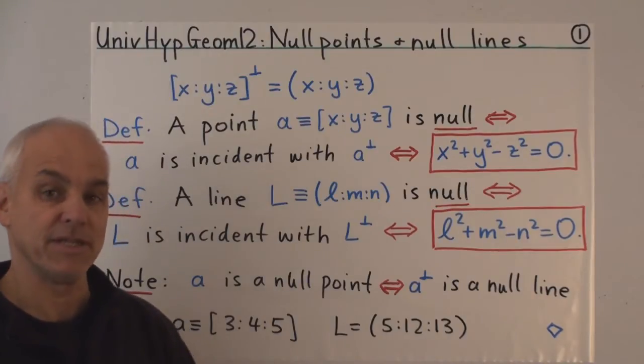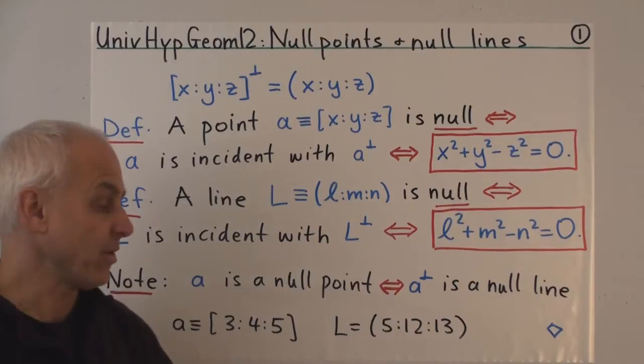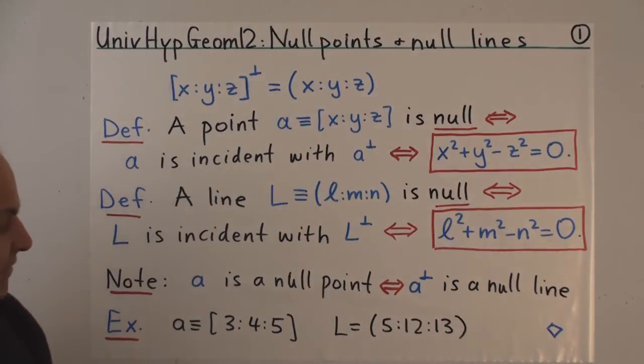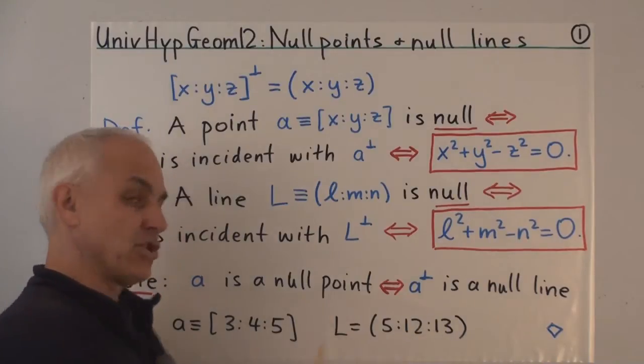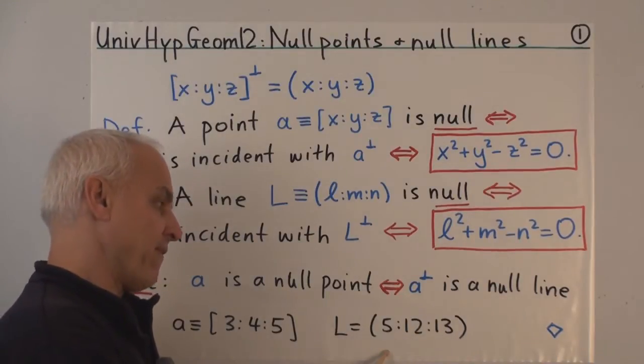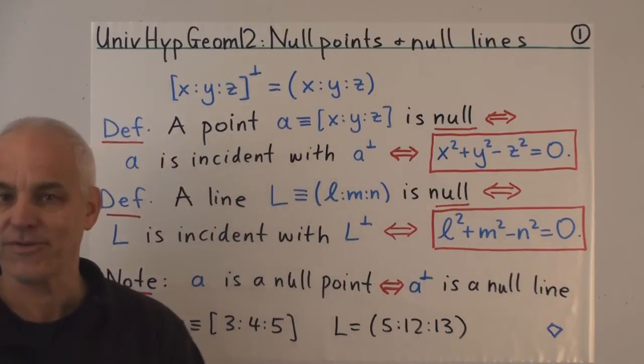If you graph that, you would see that it's a line which is tangent to the unit circle. In fact, it's tangent to the unit circle at the point [5,12,13], in other words, the point 5/13, 12/13 in usual x and y coordinates.